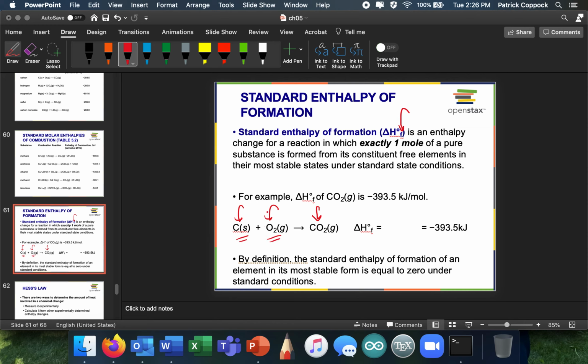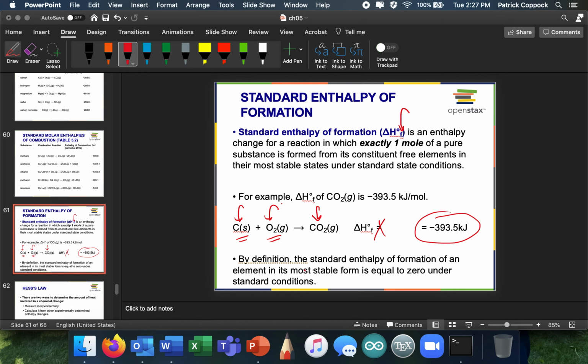Oxygen's standard state is a diatomic gas. And so to make 1 mole of this, it's going to take 1 mole of that and 1 mole of that. The standard heat of formation is going to equal that many kilojoules per mole.